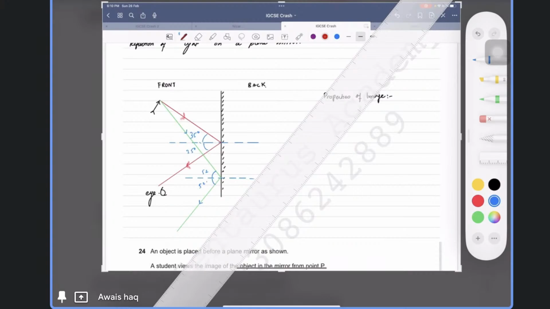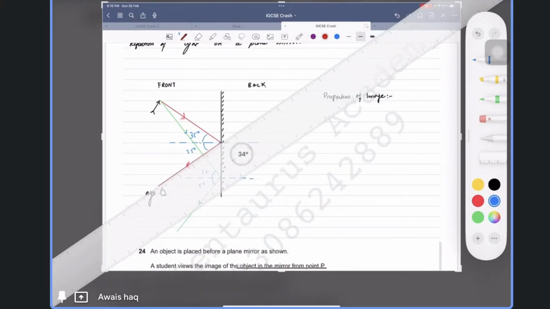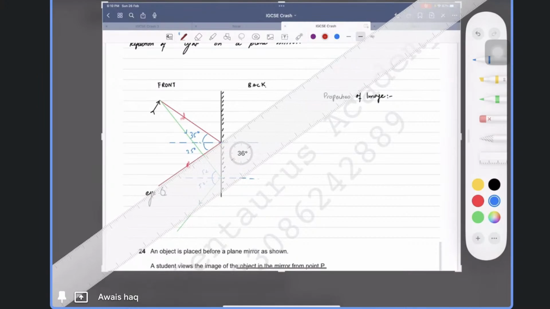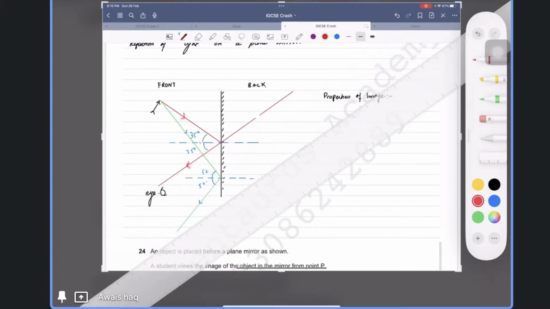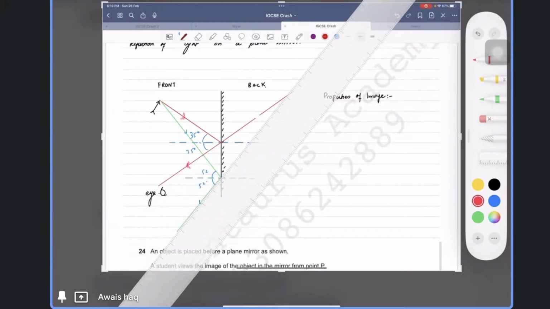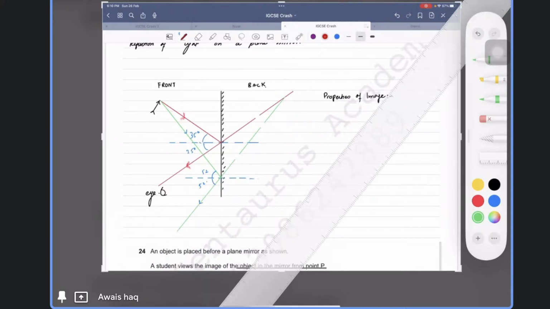Okay, which essentially means you just need to extend them backwards, extend them, and also the other one, where they meet, that would be the point where the image is going to be formed.